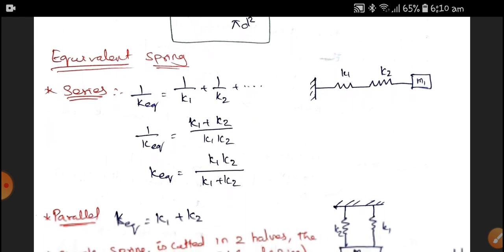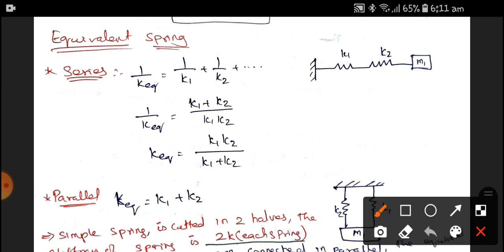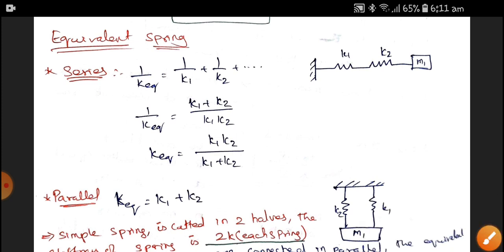Next, a very important thing, we have different types of orientations of the spring. Here the first type is the series spring. In the figure, you have one spring coupled directly to another spring. This is called a series spring.